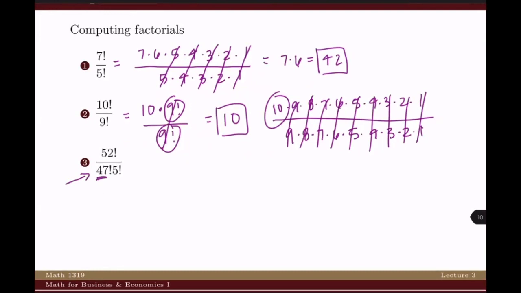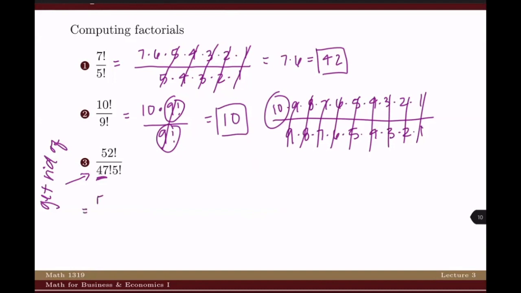So I want to get rid of him first, because 47 factorial is significantly larger than 5 factorial, right? 5 factorial is just 5 times 4 times 3 times 2 times 1. 47 factorial is 47 times 46 times 45 times 44 all the way down to 1. So that's a lot of numbers. So we'll try to eliminate this guy first.